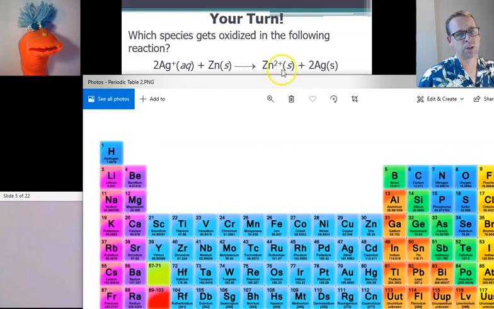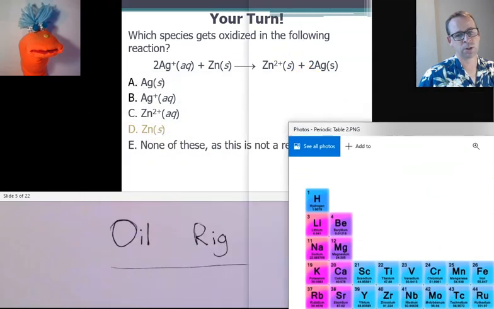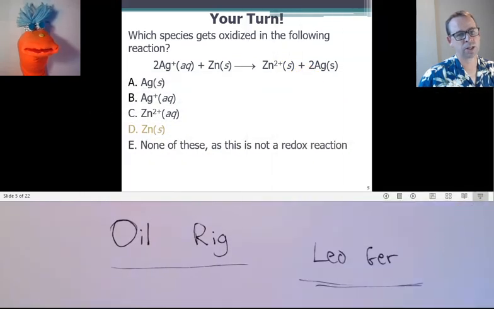That's right. And what's 28, or what's this +2 mean? Oh, 28 electrons. That's right, 28 electrons. So it has lost 2 electrons through this process. So that's how we knew that it's been oxidized, and therefore the silver ion was reduced. It lost 2 electrons. So zinc has been oxidized.